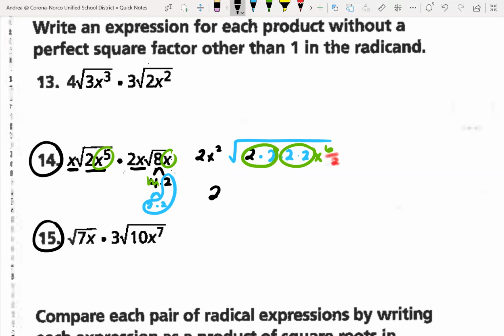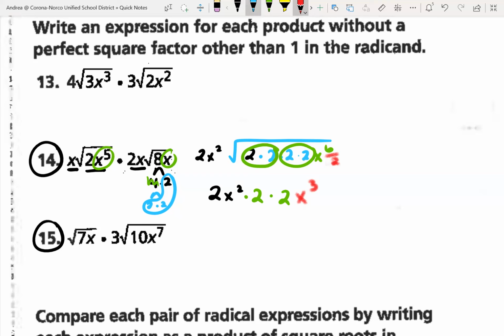So that gives me 2x squared times 2 times 2 times x cubed. Is there anything left in the radical? Nope. There's no more 2's leftovers. And then 2 can go into 6 evenly for the exponent.